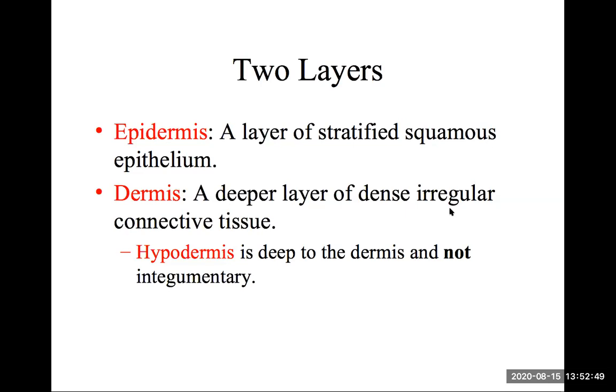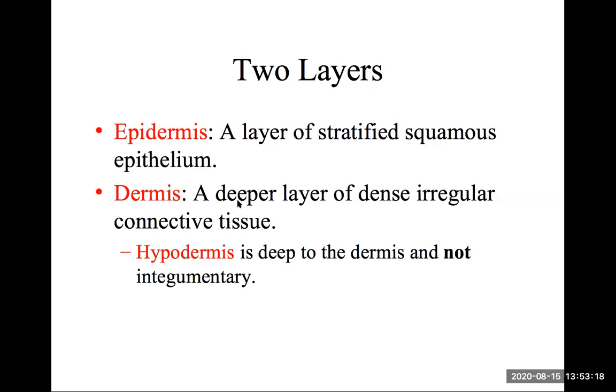We didn't study dense, irregular connective tissue, but it is another connective tissue that is packed full of protein fibers. Unlike the dense regular connective tissue, however, there's not as much collagen fiber, and it has more vascularization to it than you would find in dense regular connective tissue.